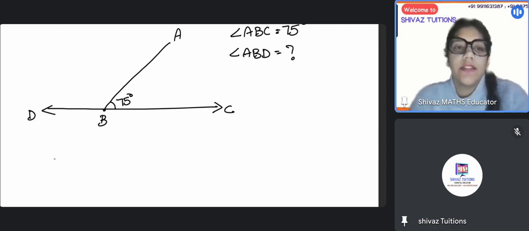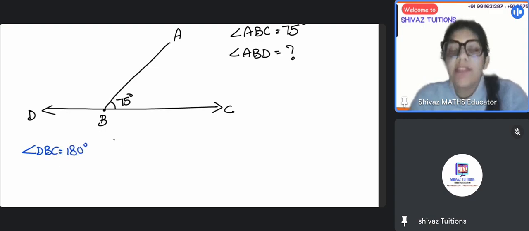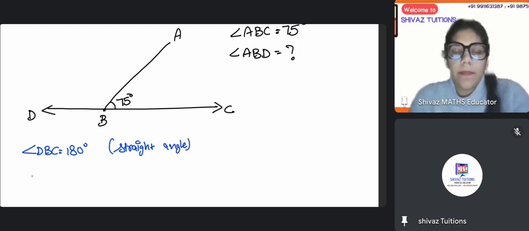Very good. Emmanuel is correct because if I write angle DBC is equal to 180 degrees because it is a straight angle. It is a straight angle, right? How do you show if an angle is a straight angle?